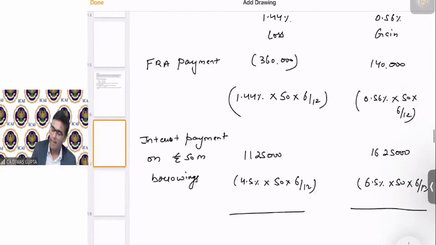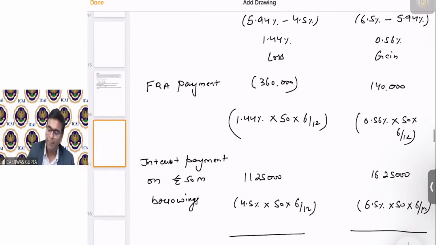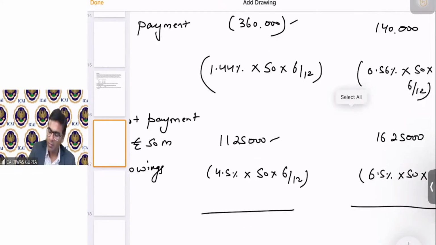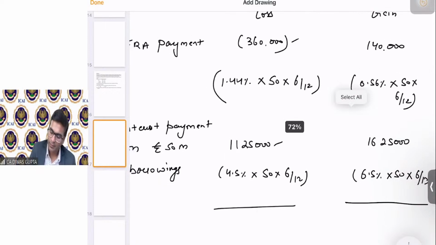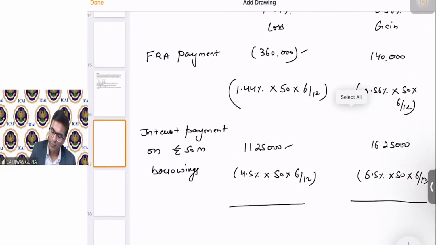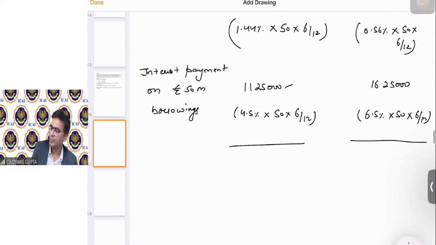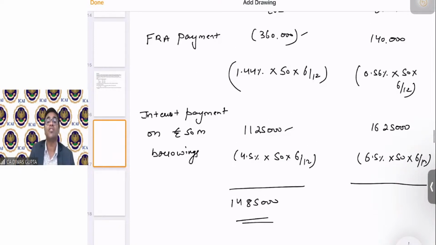So 11,25,000 plus loss, right? Because this is a cost and this is a cost. So 11,25,000 plus 3,60,000, the amount comes as 14,85,000. Similarly, here 16,25,000 minus 1,40,000 of the gain. So this also becomes 14,85,000.